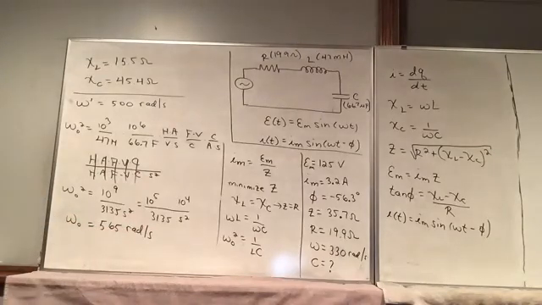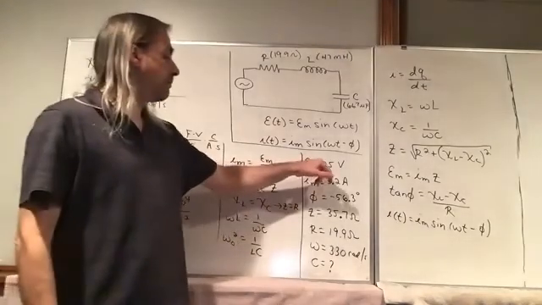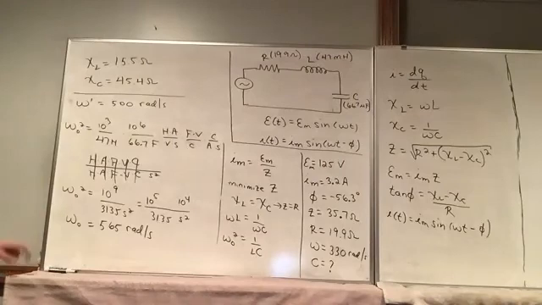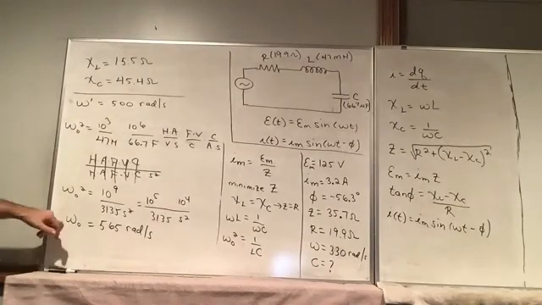That would give us the largest peak current, regardless of the voltage, for these values of the resistance, the inductance, and the capacitance. Driving it at that angular frequency would maximize the current.